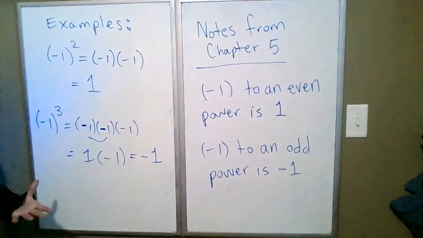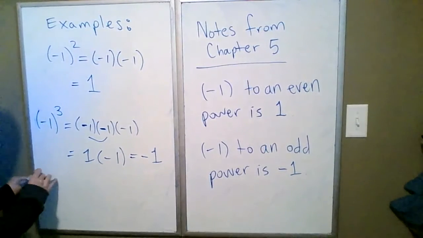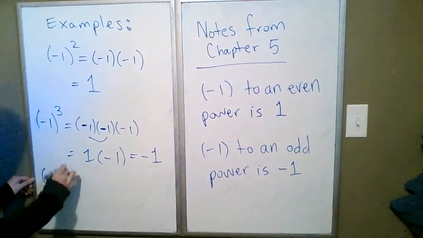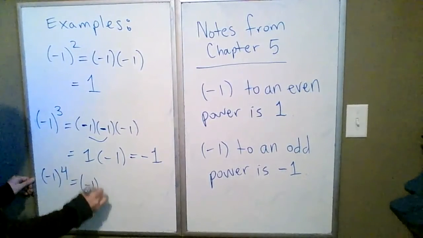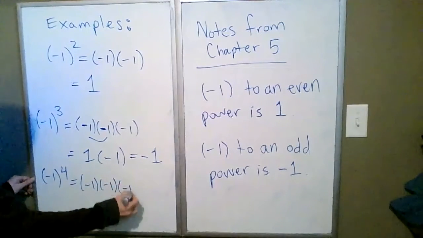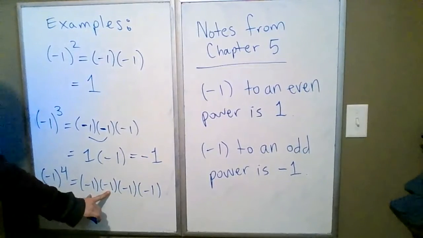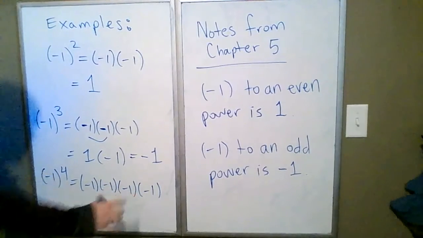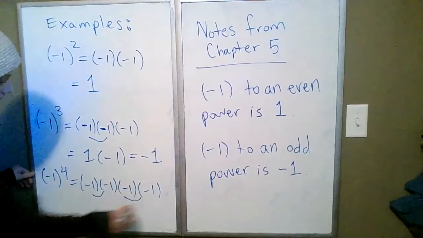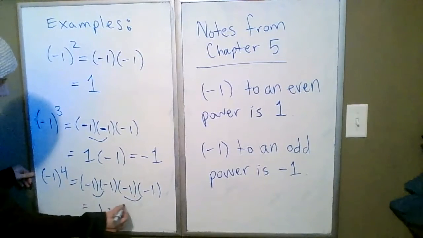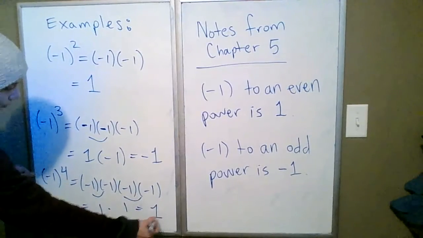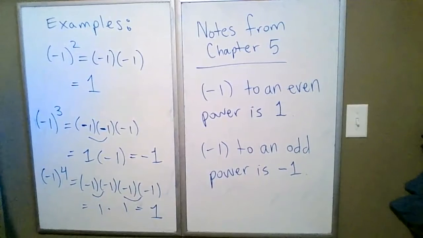Let's do -1 to the 4th. Those two negatives are +1. Those two negatives are +1. So 1 times 1 is 1. +1.